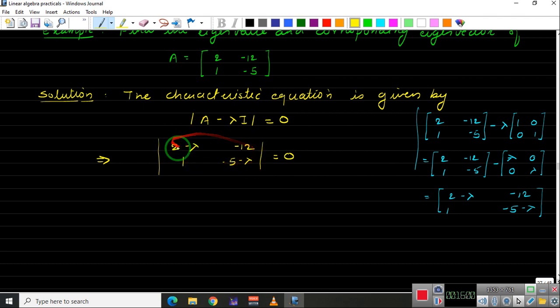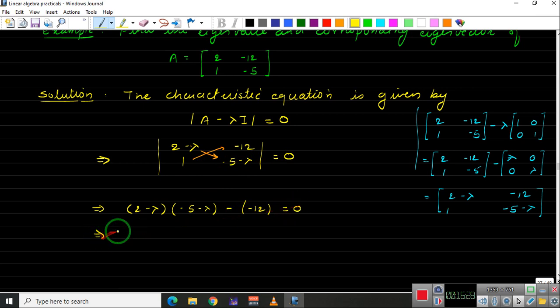So you multiply this entry with this entry, and this entry with this entry, and then subtract. So this implies 2 minus lambda into minus 5 minus lambda, minus 1 into minus 12, which is minus 12 is 0.